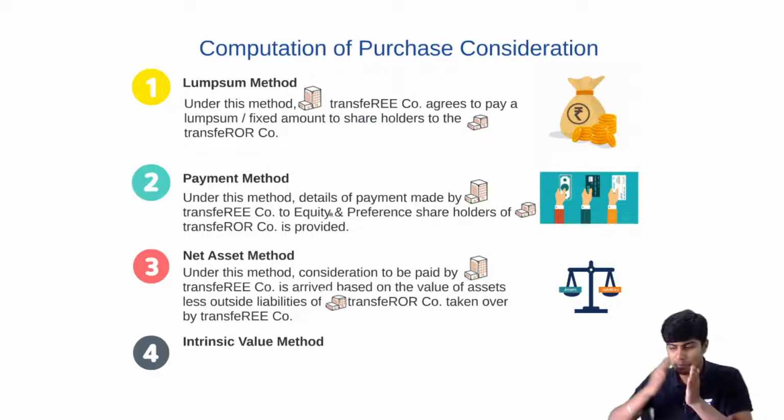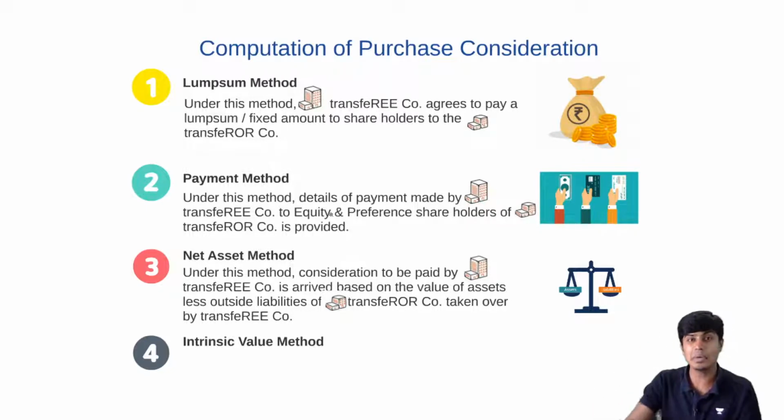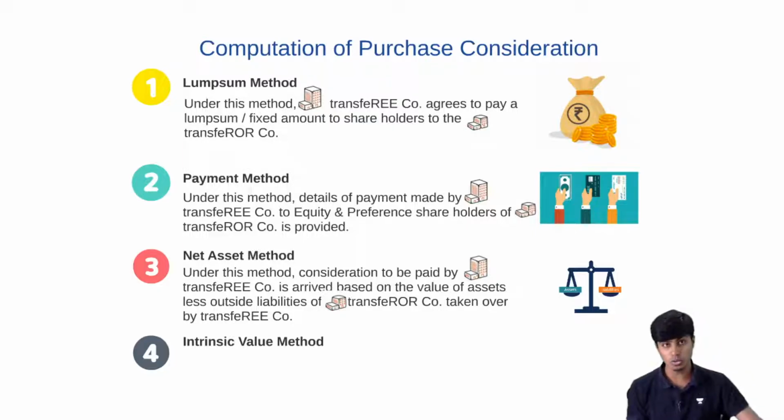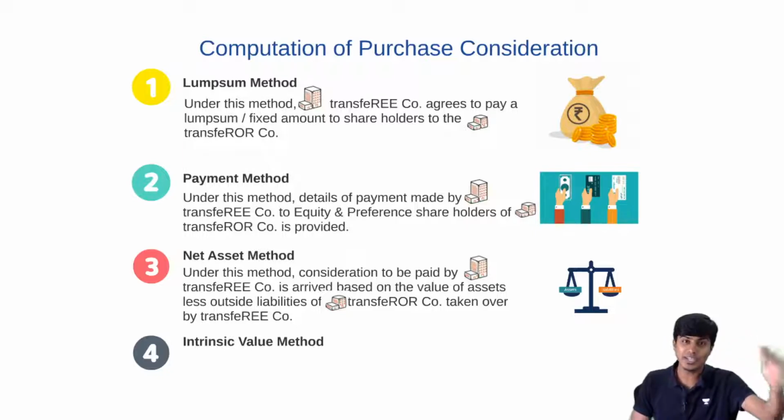They have one separate department called M&A, mergers and acquisitions, which deals exclusively with amalgamations, mergers and corporate restructuring. So this chapter is not just 15-20 marks in your exam. This chapter can become your career choice also. Maybe post qualification, till the date you retire, you might work only in the M&A department.